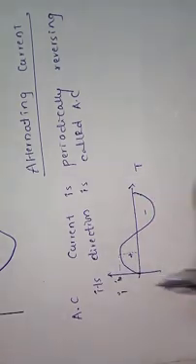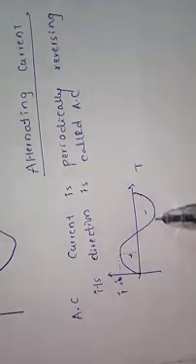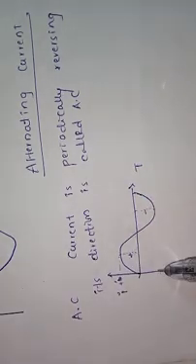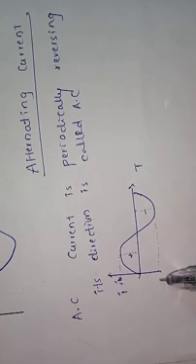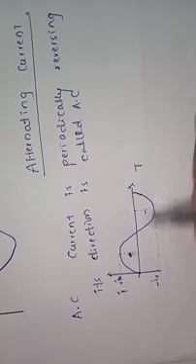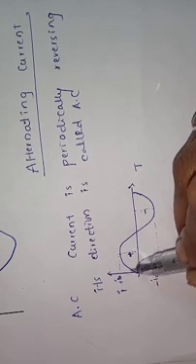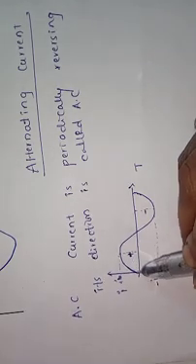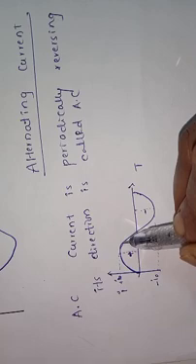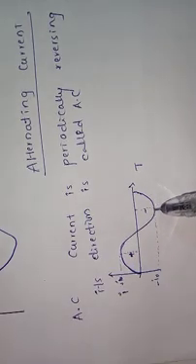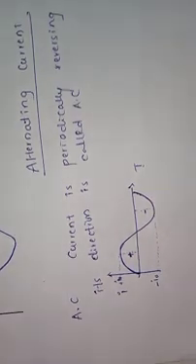Let's write this as plus I naught, and this is the negative side's amplitude, minus I naught. Okay, then this is the positive side and this is the negative side. See here, this wave or one cycle is continuously changing its direction along with time.